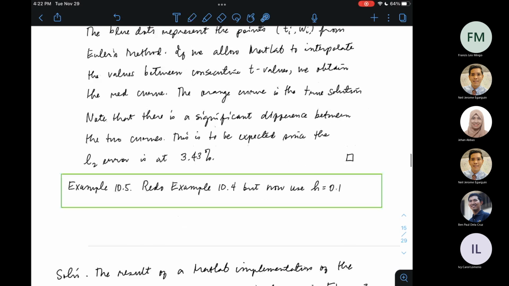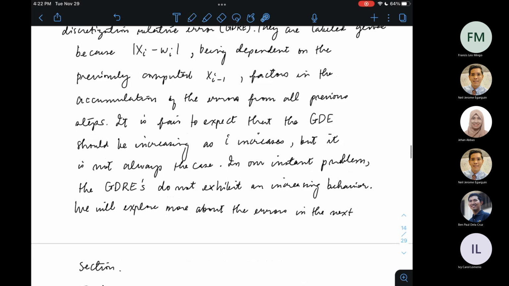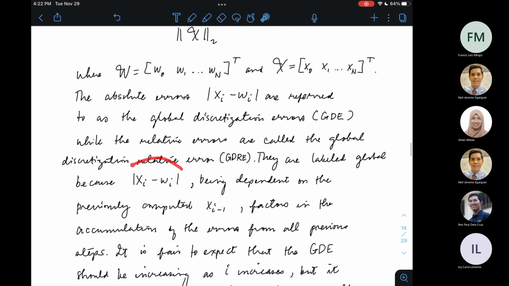I think I was going well ahead of myself there. Dinefine ko na pala siya dito kanina. Yung absolute difference between x sub i and w sub i is what we call the global discretization error. Right? So pag minus mo yung true solution mula dun sa estimated solution at t equals t sub i, yun yung global discretization error.